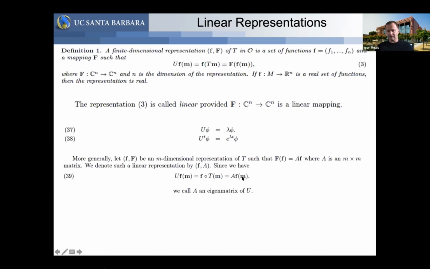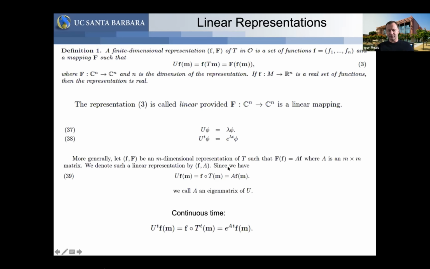But you can port that to a little bit more general context and ask the following question: is there a matrix A and a set of functions F such that UF is AF? So you could call A an eigenmatrix. Now, why is that different?